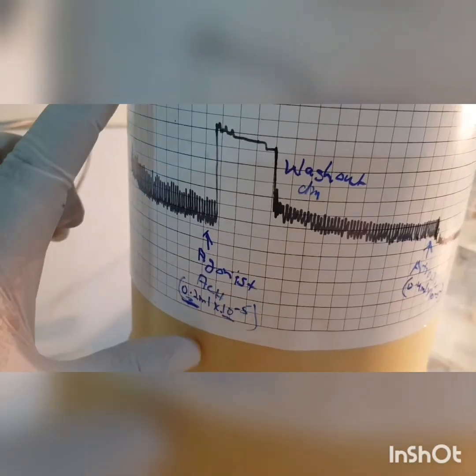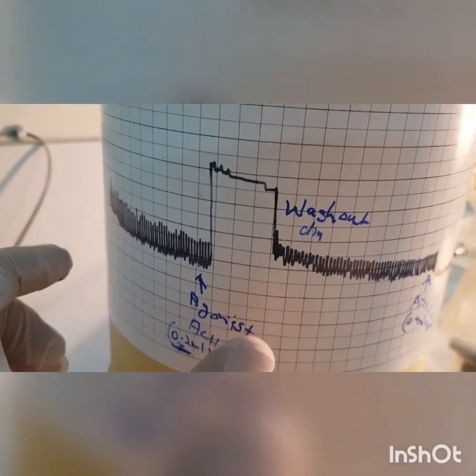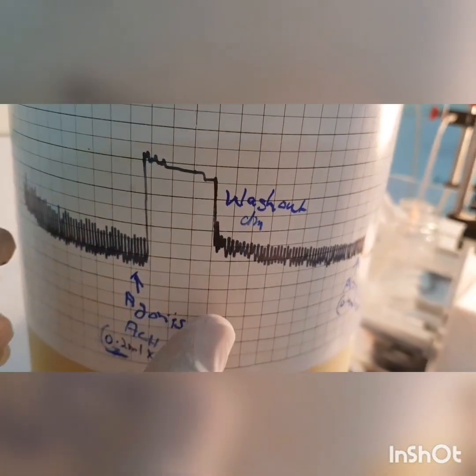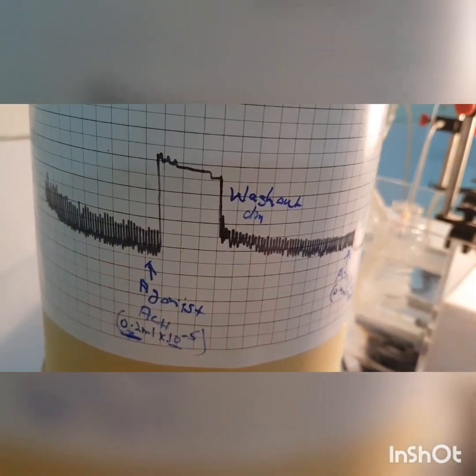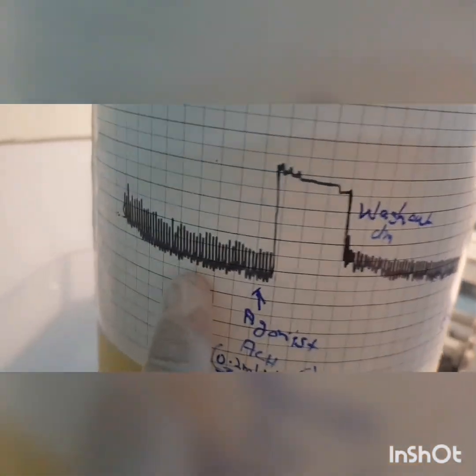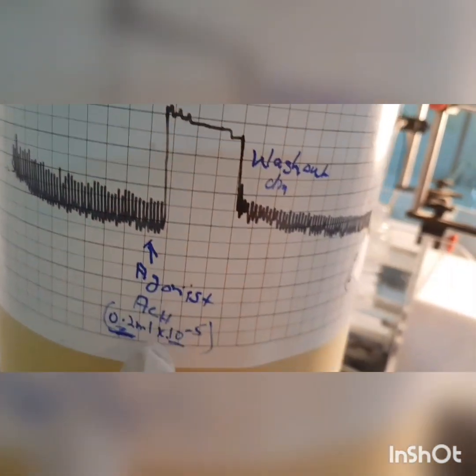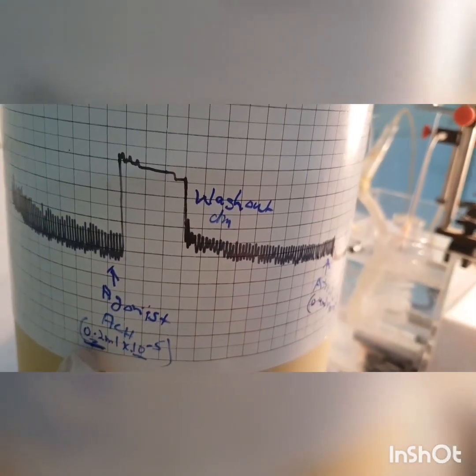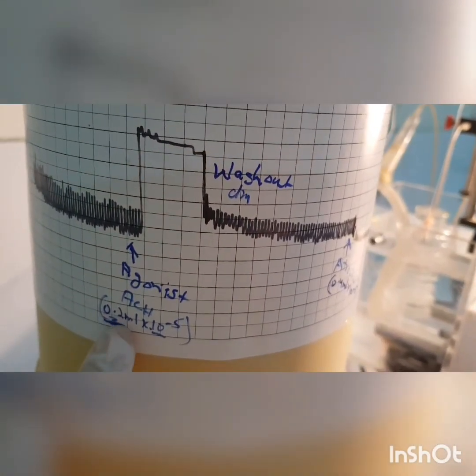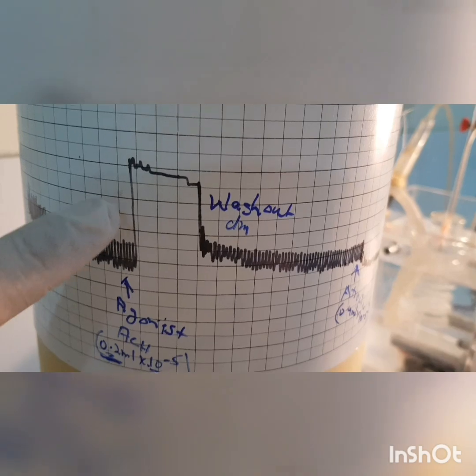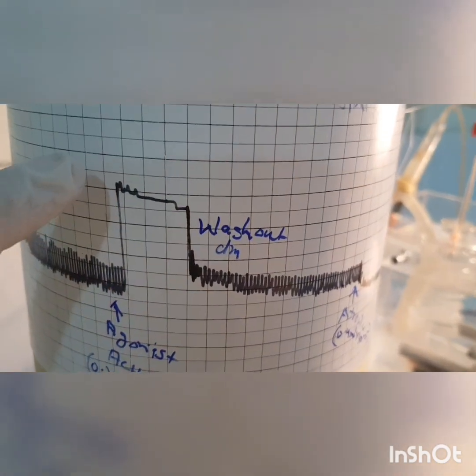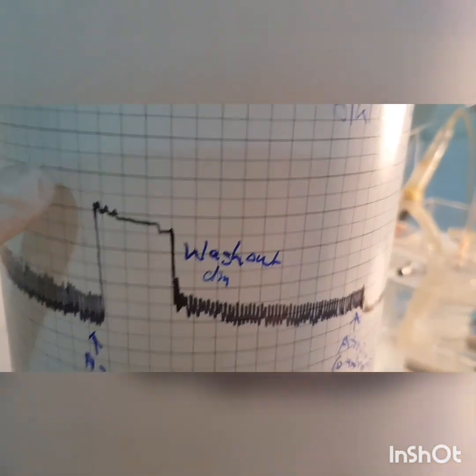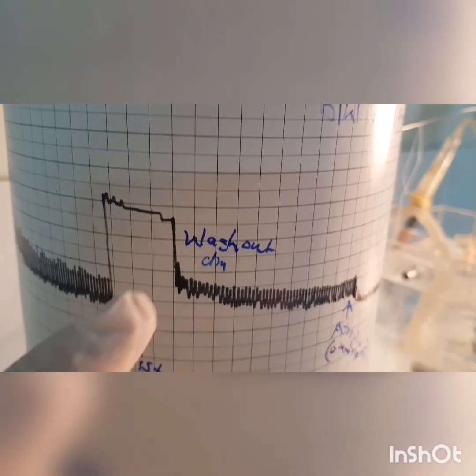Now the summary of this practical is: First, there is normal contraction. Then we give a less dose, which is 0.2 ml of acetylcholine, and it produces maximum response.